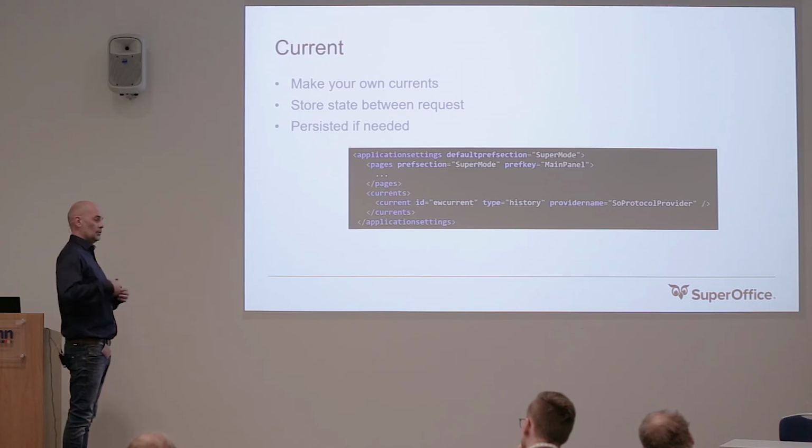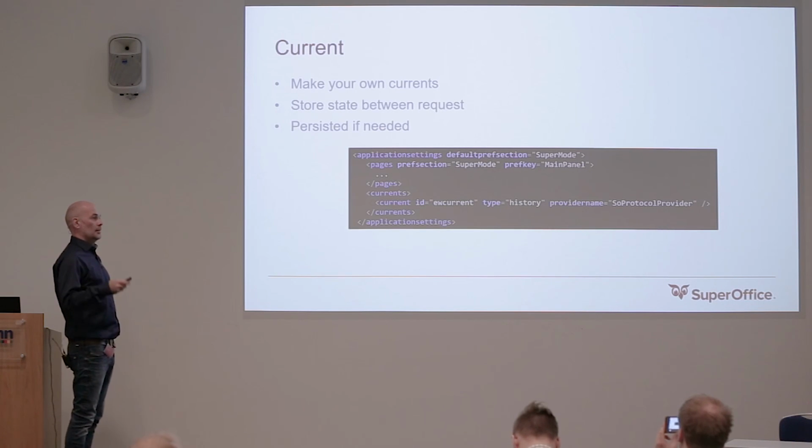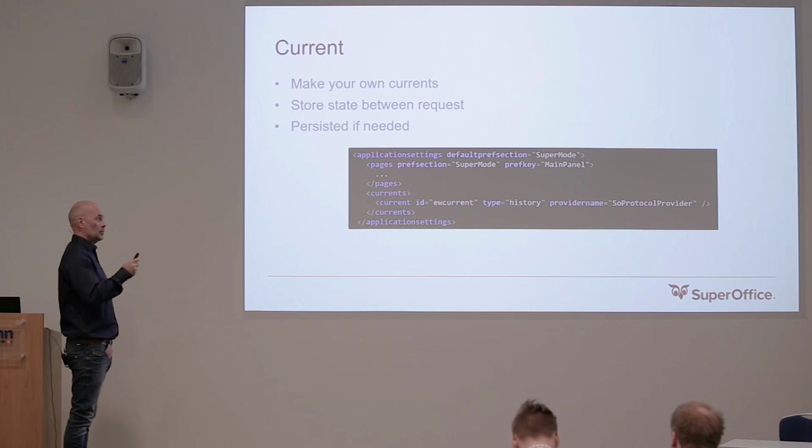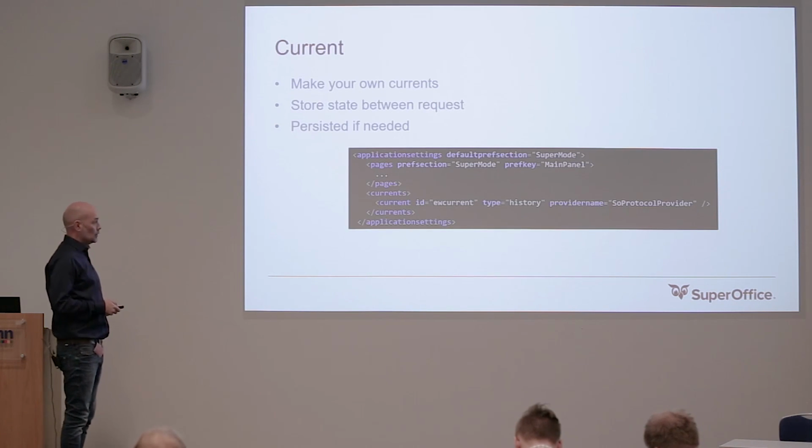If not, then I have to resolve what is the person's contact, and then I find the contact, and then I change the contact current also, so they are consistent. So then you know that if I have a person ID 5, the contact ID is the contact that belongs to this person. So this is the logic in this protocol provider that ensures it is consistent. And you can make your own providers that calculate stuff like that. But that's more hardcore. Nobody has done that.